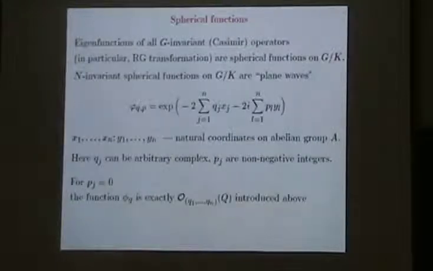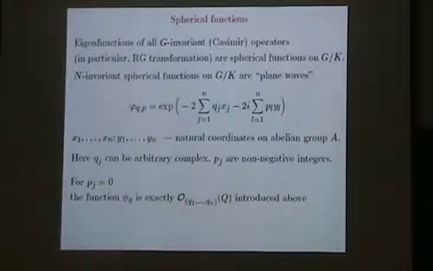The beauty of doing this is the following: it means you go to new coordinates on your manifold, coordinates corresponding to this abelian group A and the rest, which is nilpotent. Now we can look at spherical wave functions.